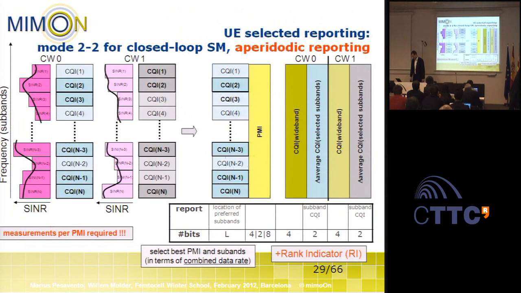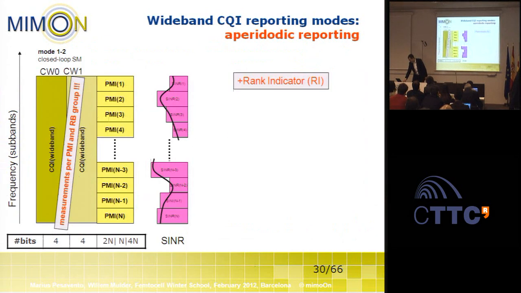There's one other very interesting scheme that is given here for closed-loop spatial multiplexing. Here, in fact, we report a wideband channel quality measure for both code words, and then per subband there's also one, possibly different, precoding matrix selected by the user equipment.